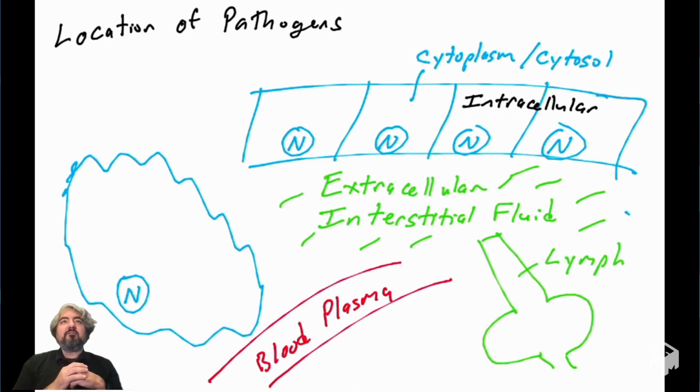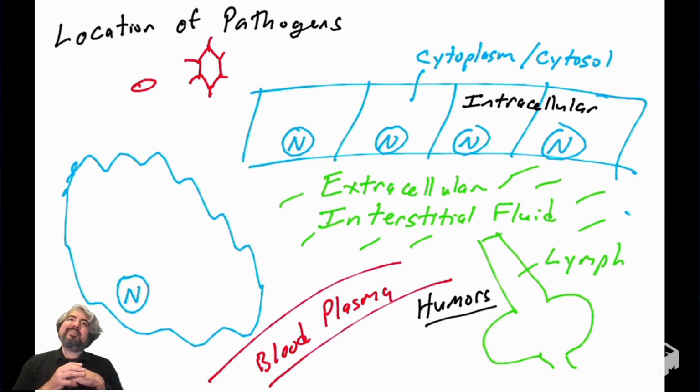You could have pathogens found in the lymph fluid, that is fluid outside of a cell. All of these fluids are referred to as humors, and you often find pathogens located in these extracellular fluids, as opposed to being intracellular, where they might be found in the cytosol or cytoplasm.